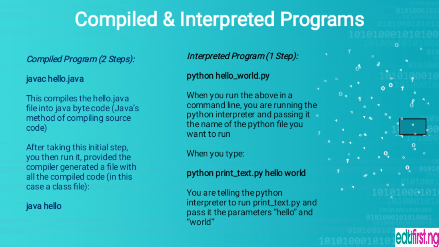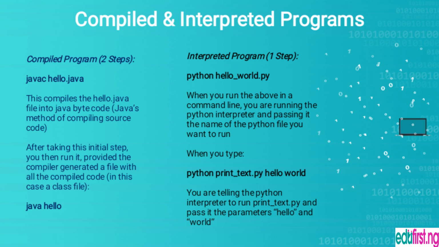That is Java's method of compiling source code. After taking this initial step, you then run the program. Provided the compiler generated a file with all the compiled code, in this case a class file, what you are going to get as an output is Java hello.